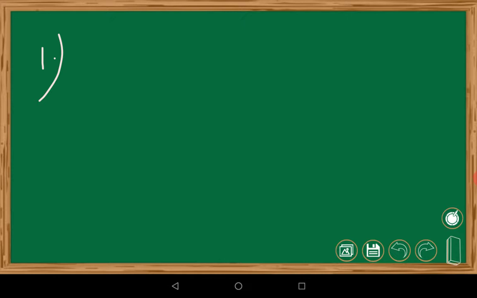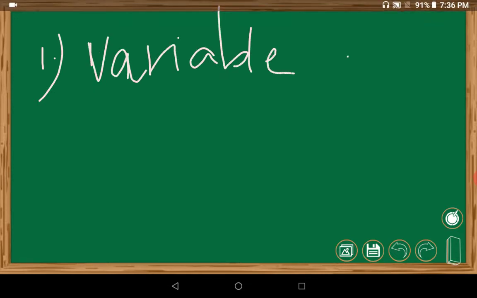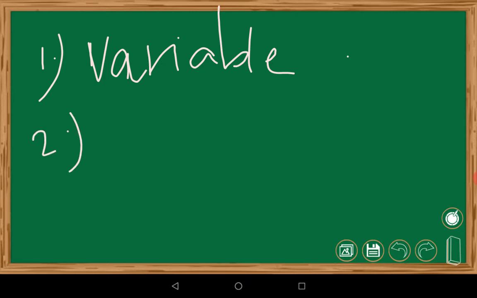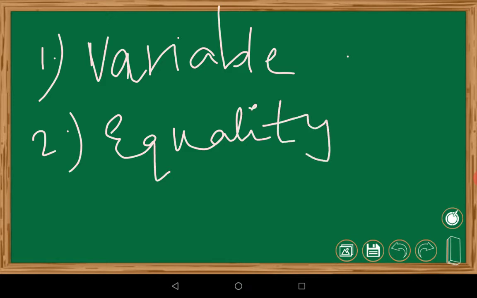We already know that. And an algebraic expression has variables. Secondly, we have equality, that means the equals to symbol, that's all, don't get confused.